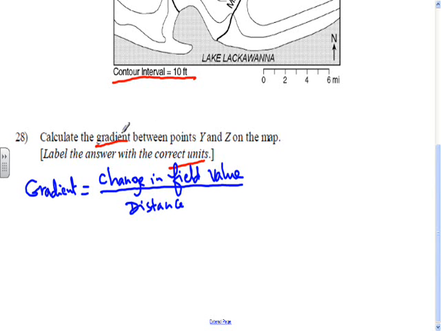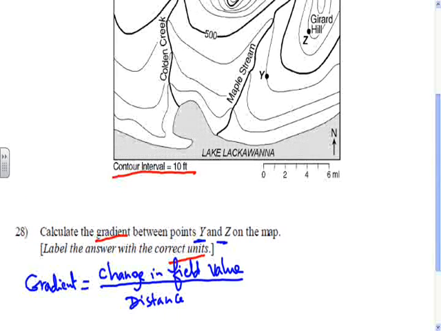Okay, now what do you mean by change in field value? Remember that we are talking about the gradient between Y and Z. The change in field value means simply the difference in elevation of the two points.